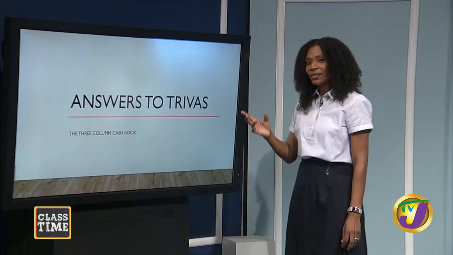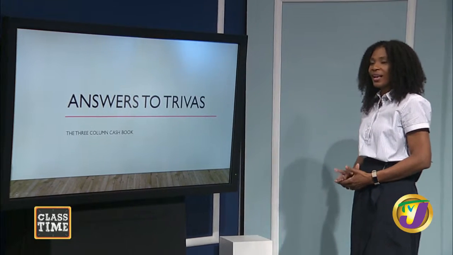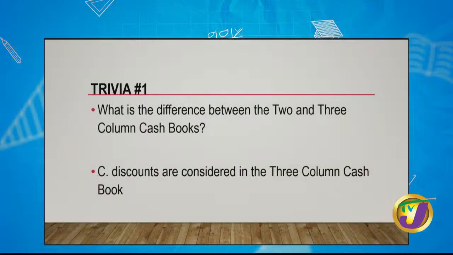Now, we had 2 trivias, and let's look now at the answers. Trivia number 1. What is the difference between the 2-column and the 3-column cash book? What was your answer?